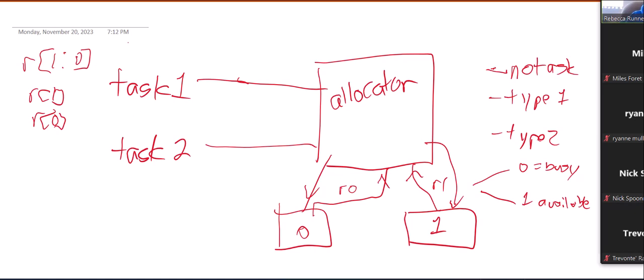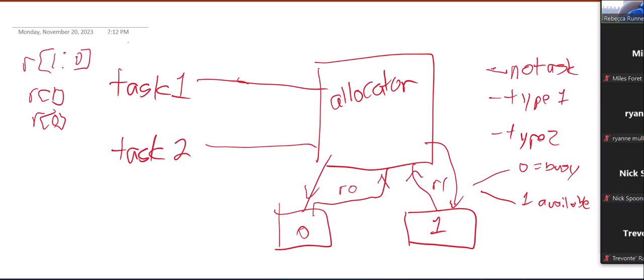Because that way it was always sending something. It was either sending I'm not giving you something new, or I'm giving you a type 1, or I'm giving you a type 2. I don't think you have to do it that way. I think there are probably lots of ways to do it, but that was the way that I thought about it. Okay, so we have an allocator, we have station 0, we have station 1.